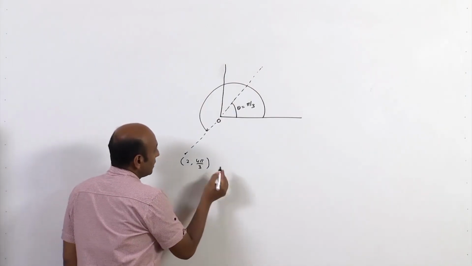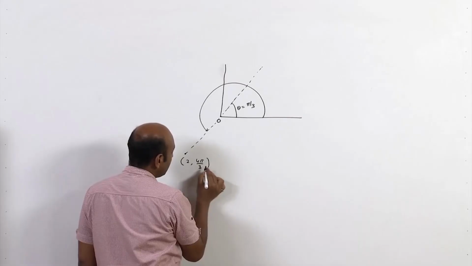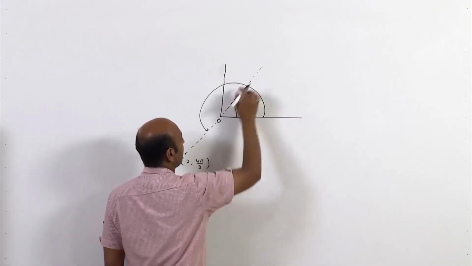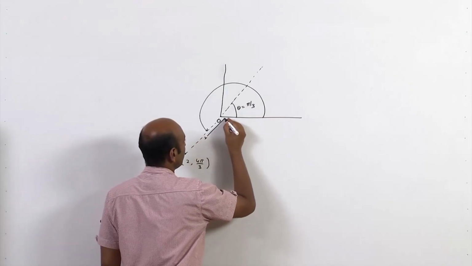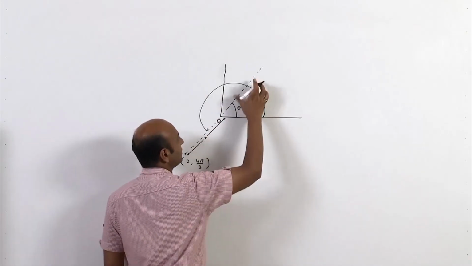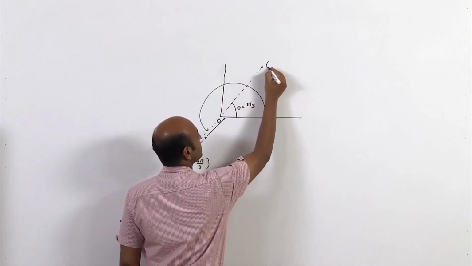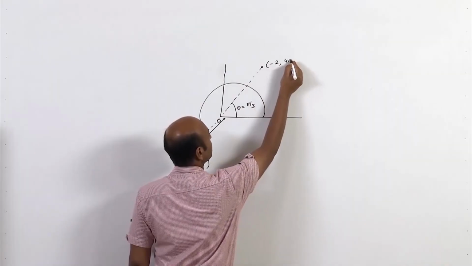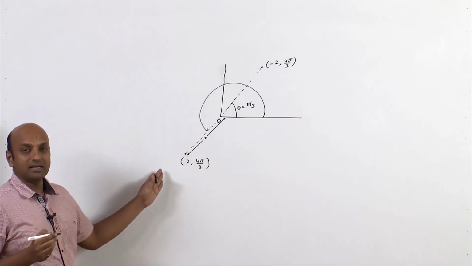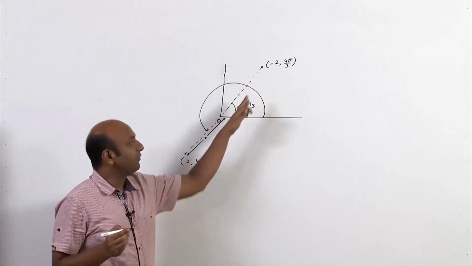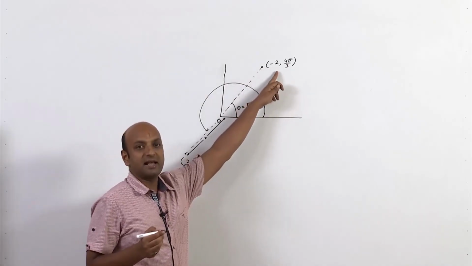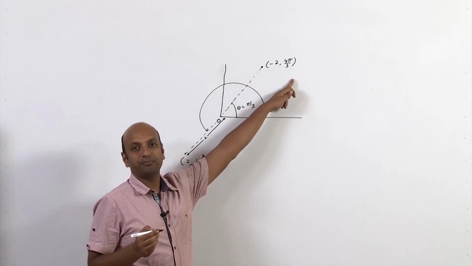Now if we take the representation of this point on this ray, that is on the negative side of r, this length is 2. Okay. Now if we take this length on this side, then we may take this point as minus 2 comma 4 pi by 3. I mean on the other side of the ray, if we take the same length 2, then this may be represented as minus 2 comma 4 pi by 3.